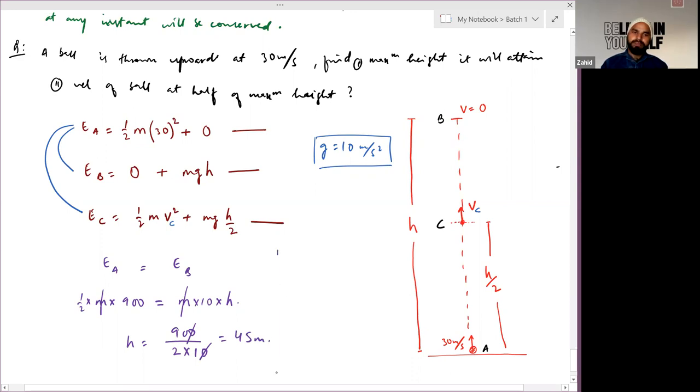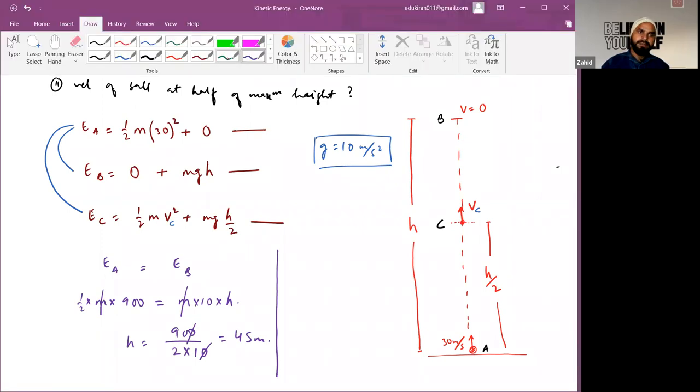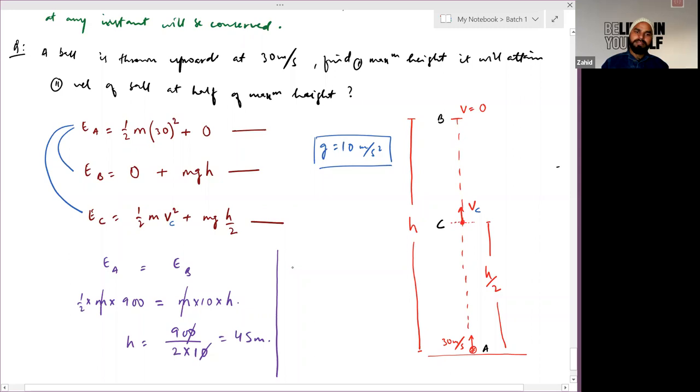Now put these values in the second equation. Just compare the energy at point A to the energy at point C. So half m times 900 is equal to the energy at point C, which is half m times the velocity at C, which we have to calculate, plus m times gravity 10 times height 45 divided by 2.